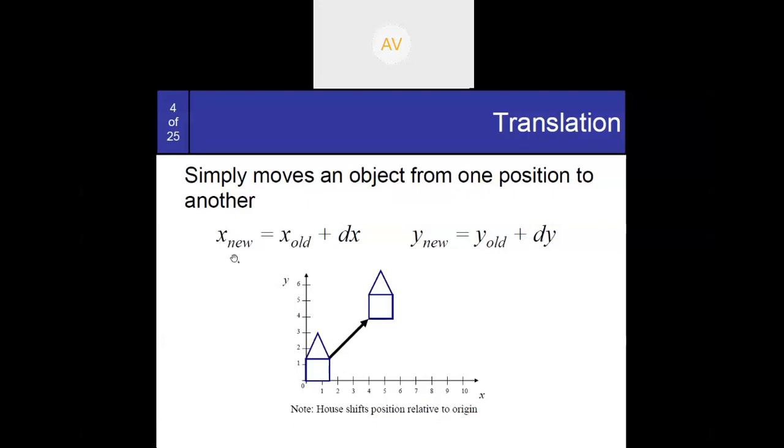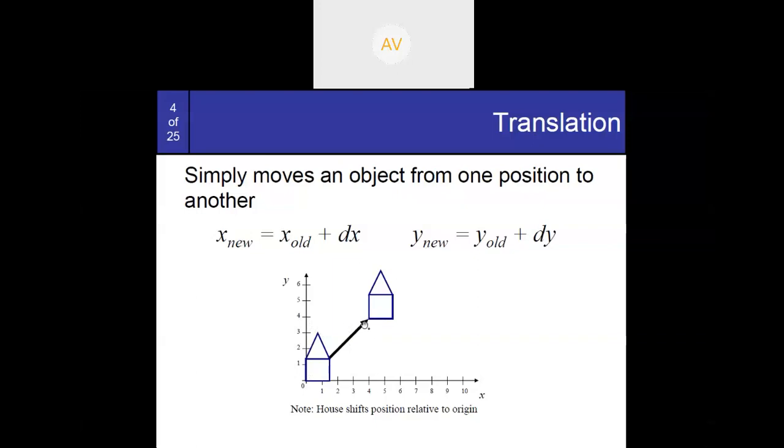Suppose the original position of the object is over here, at coordinates 0, 0, and here the new coordinates are 4, 4. So the new coordinates x new and y new will be 4 comma 4.